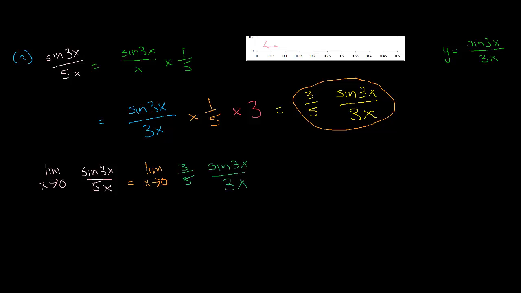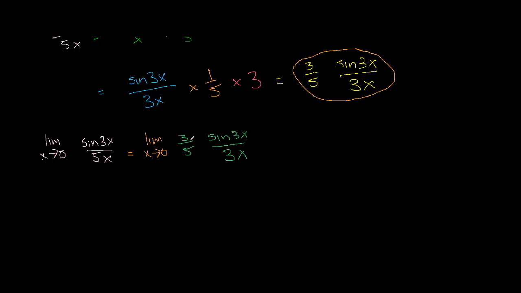Cool. Now we can just take this 3 over 5 out the front. Because it's the limit as x approaches 0, this isn't going to change, as it isn't dependent on x at all, because it's just a number. So it's going to be 3/5 times the limit as x approaches 0 of sine of 3x on 3x.